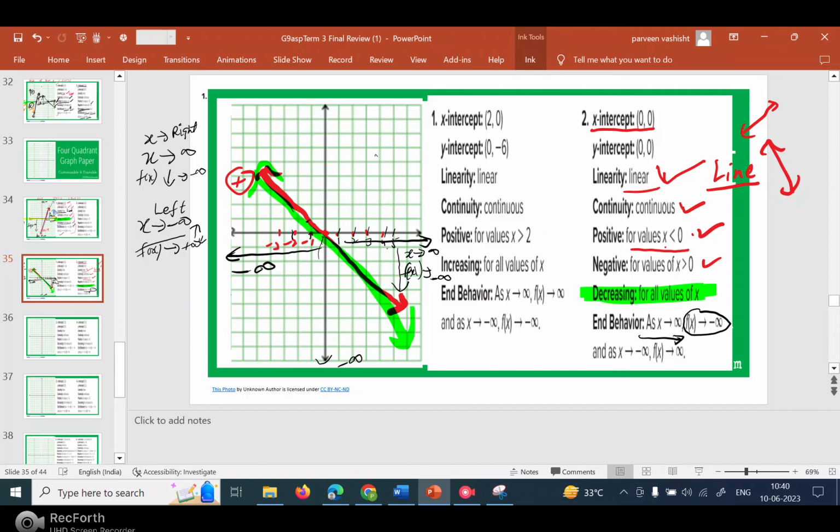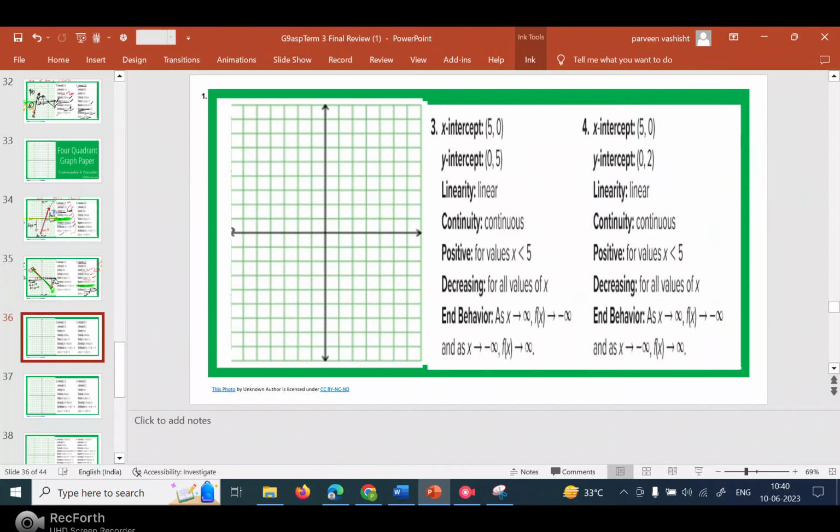If I take -1, it goes up, if I take -2, it goes more up, if I take -3, it is going to positive infinity. So this is the end behavior of this graph which I have drawn.